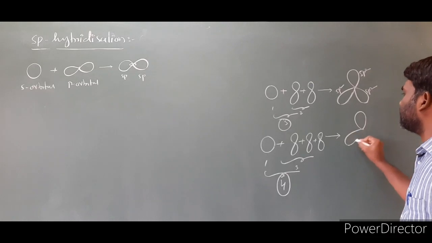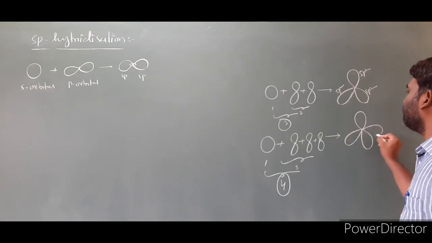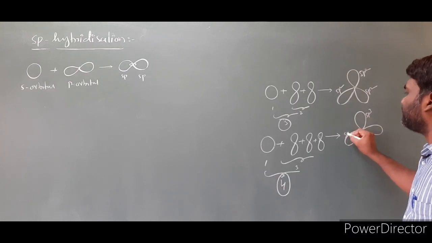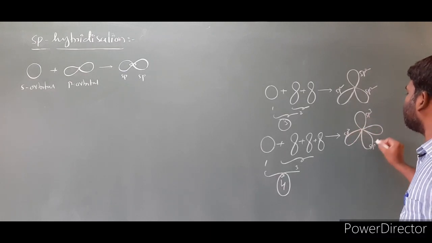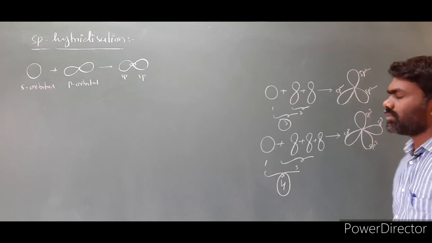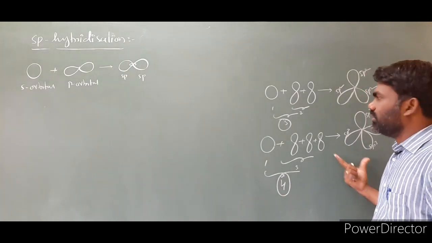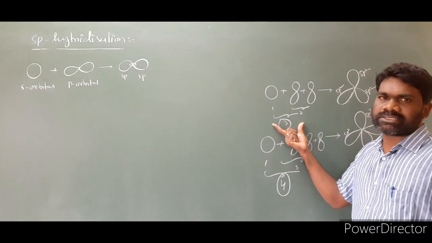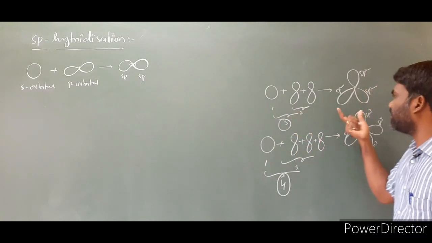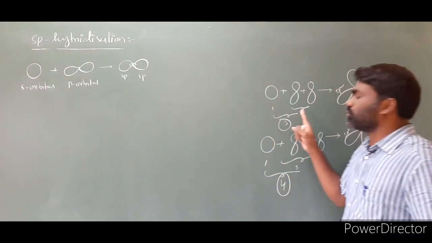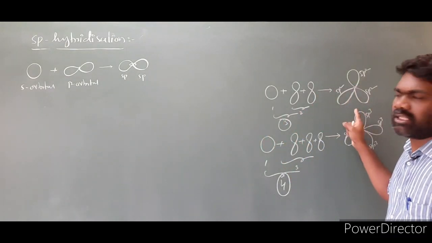This is the first one, the second, the third, and the fourth, each one is sp3. Here 4 orbitals are intermixed, and we got 4 hybrid orbitals. When 3 atomic orbitals are intermixed, 1 s and 2 p, we get 3 sp2 hybrid orbitals.